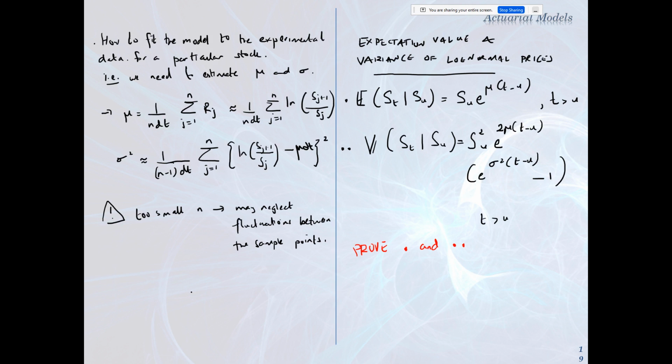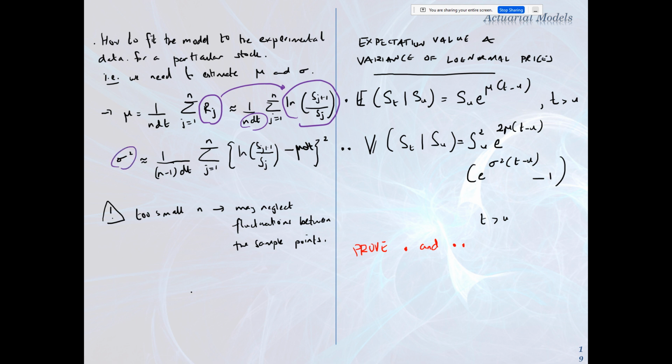So how do we fit the model to the experimental data for a particular stock? We can use market data to calculate mu. What is mu? Mu is the drift. So we calculate the returns using market data. Returns are given by the log of S_{j+1} divided by S_j. We sum the returns and divide by n times dt.